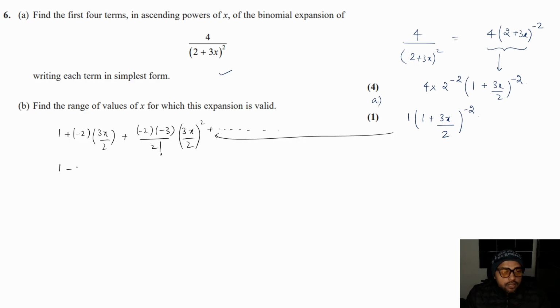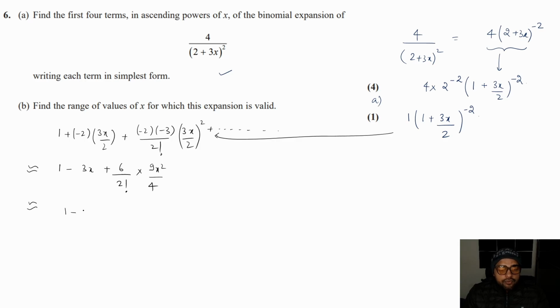So here we get 1 minus 3x plus 6 by 2 factorial, and here you get 9x squared by 4. Now I'm taking the approximation sign here.